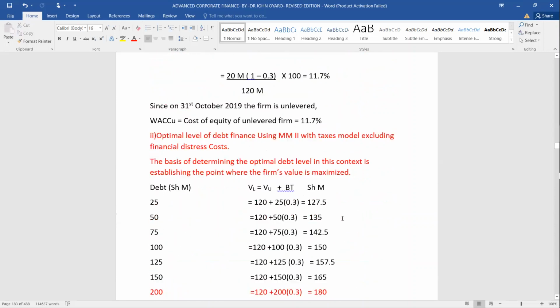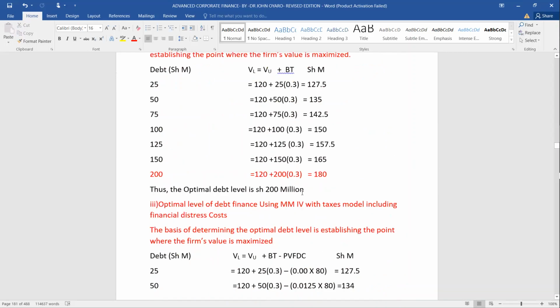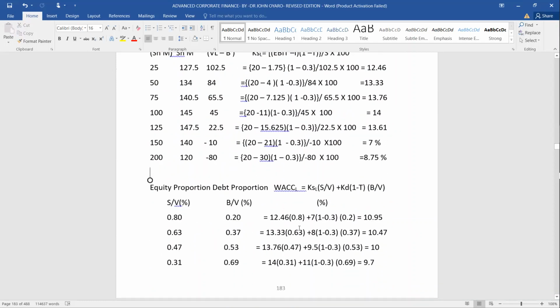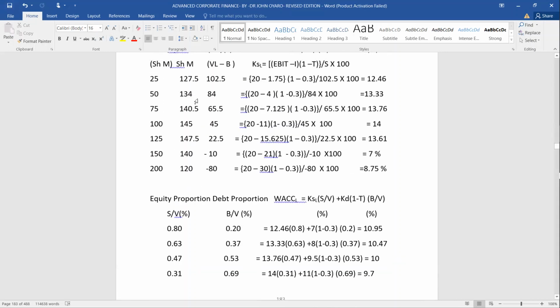I had given that in this question. I assumed 7%. So you pick that, 7, 1 minus 0.3 times the market value weight of debt. Is the overall cost of capital 10.95? Could that be the overall weighted average cost of capital of the firm? Please confirm again. Yes, it's 10.948 or 10.95.